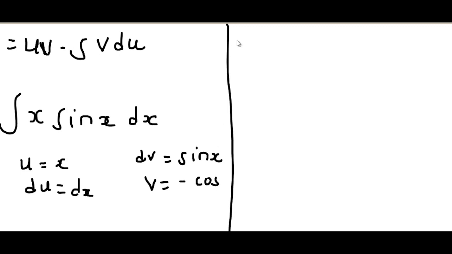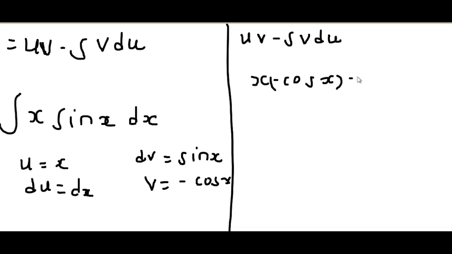So when we come to our equation, which is uv minus the integral of v du, we just replace it. Our u is x, our v is negative cos x, and then we subtract the integral of negative cos x, du is dx.